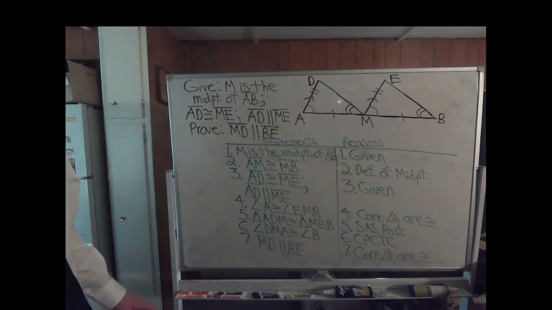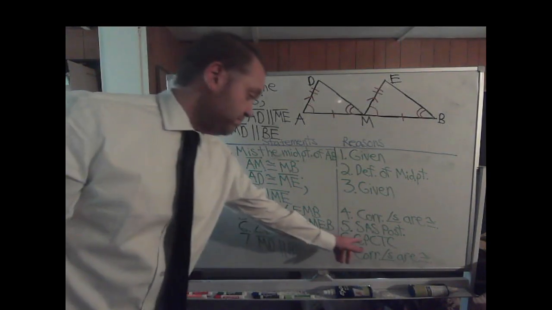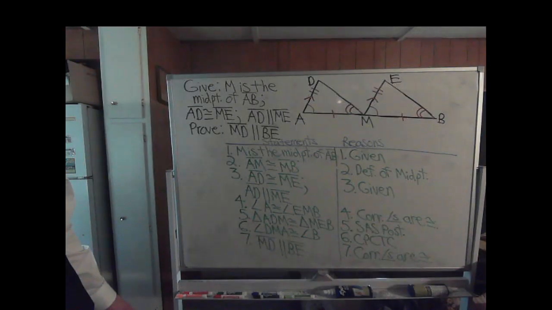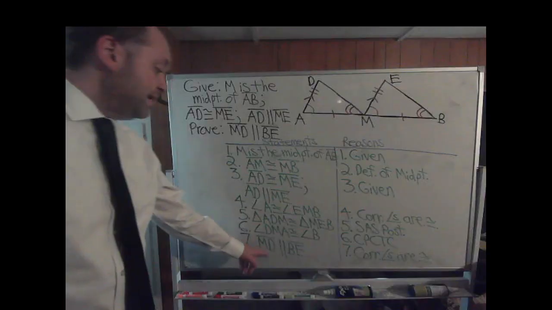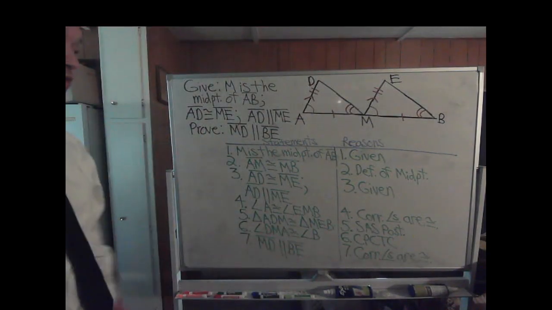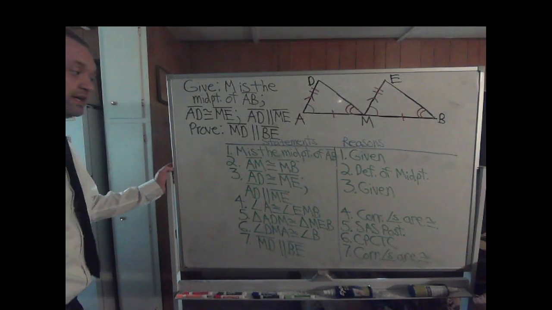Which then would allow us to conclude that angle DMA is congruent to angle B by corresponding parts of congruent triangles are congruent. Which ultimately last, we can conclude that MD is parallel to BE by the fact that corresponding angles are congruent.